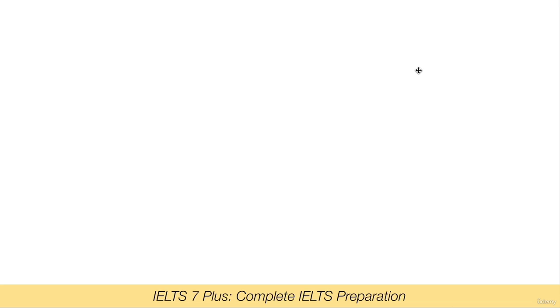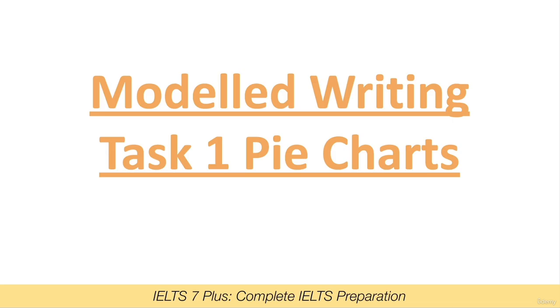If you are wanting some more information about how to answer task 1 type questions and you weren't sure about how to get those top bands, then you've come to the right place. We will talk through everything today, and hopefully by the end you'll be confident to answer these types of questions that we're going to look at. Okay, so let's get started then.